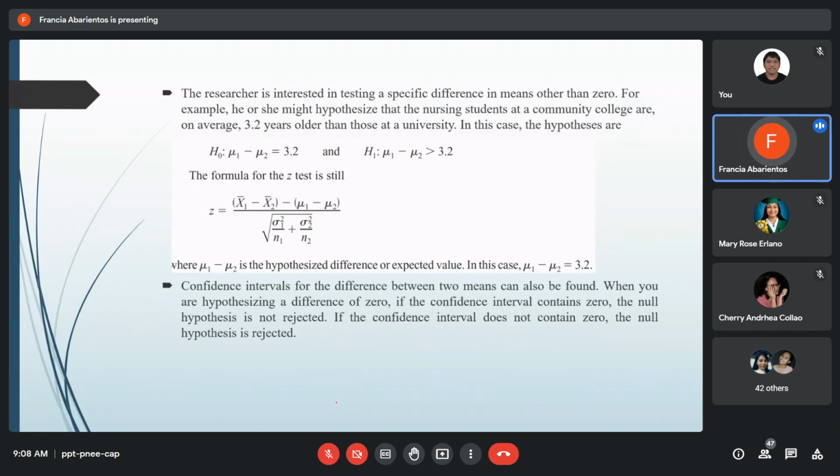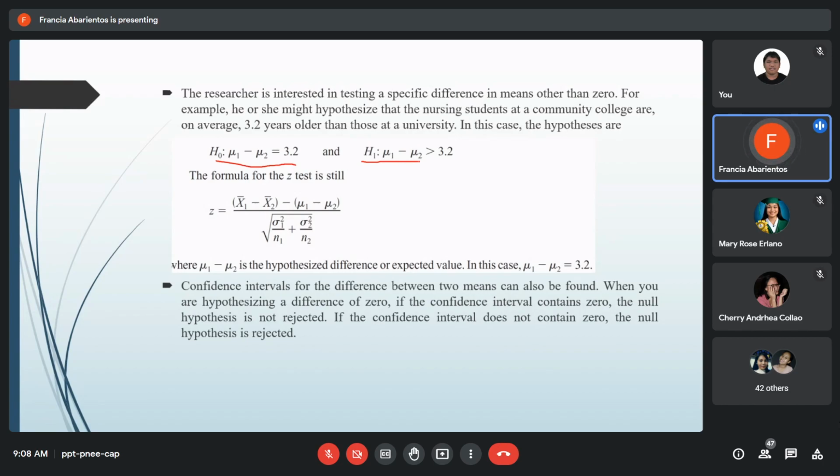So, ito yung magiging hypothesis mo. Hindi naman palagi zero lang, class. So, pwede naman ganito, class. Yung null hypothesis mo, the difference between the two means is equal to 3.2, and the alternative is the difference of the two means is greater than 3.2.